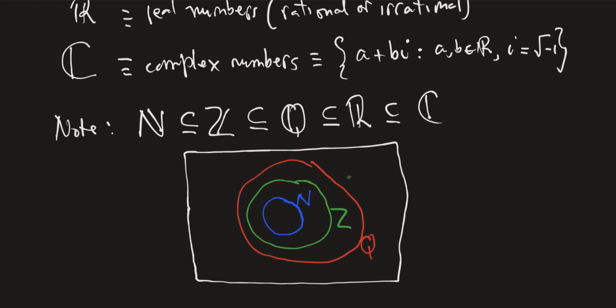Let's try again. Probably shouldn't have drawn the rectangle. And then let's say that's R. And then what I'll do is I'll just go ahead and label, since I didn't indicate any other number set that contains complex numbers, I'll just say that that's our universe, right?